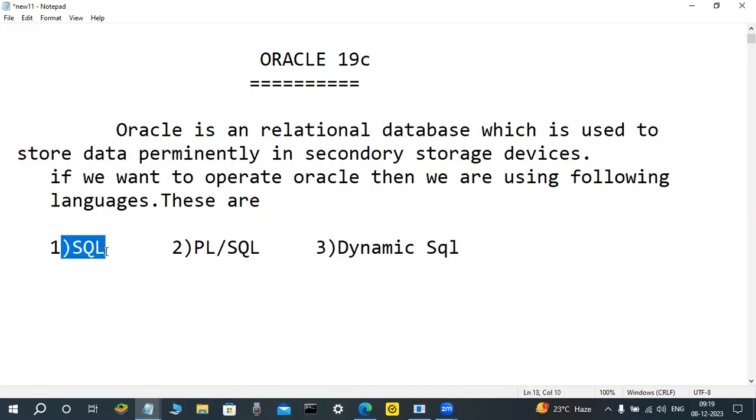These are: first one SQL, second one PL/SQL, third one dynamic SQL. Write it.